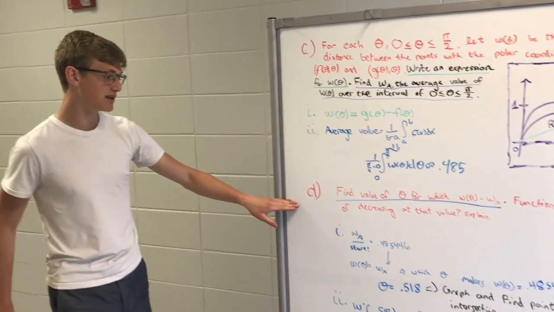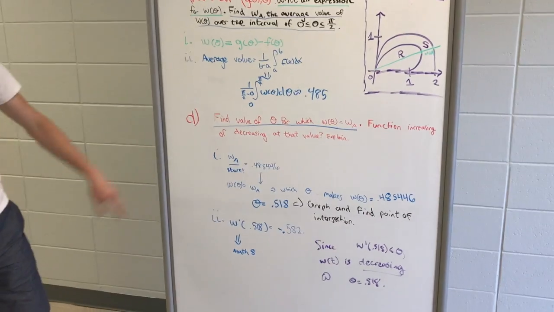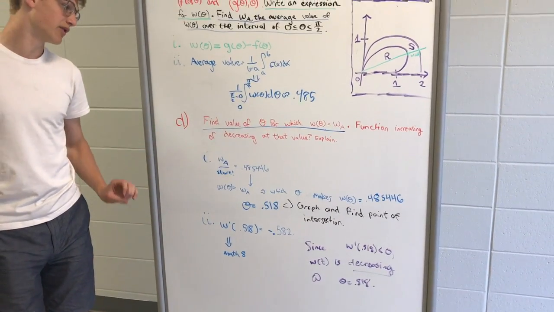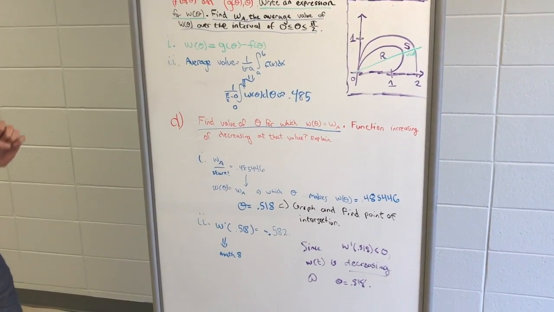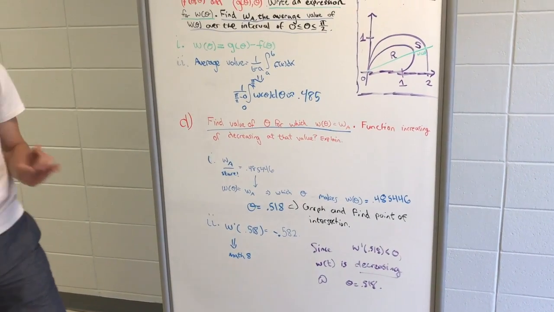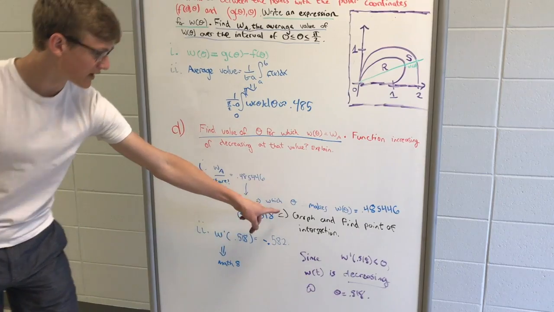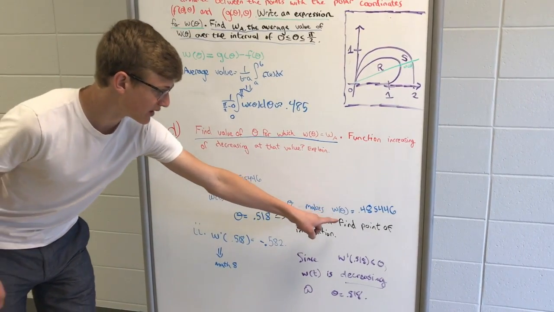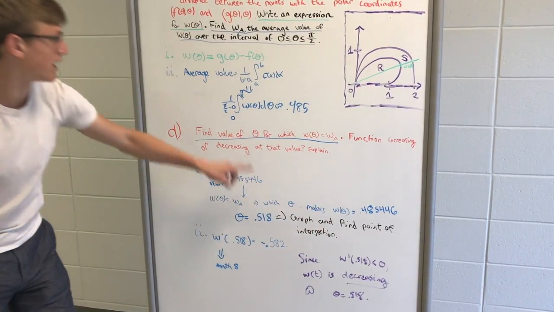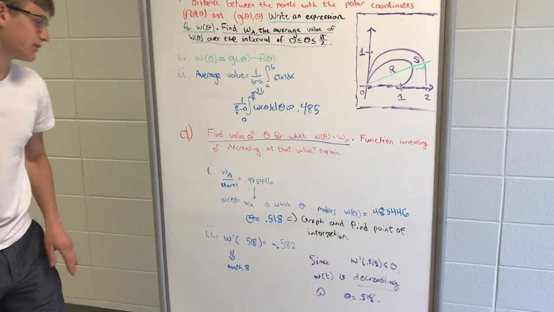Now moving on to part D, this gets a little trickier. It asks you to find the value of theta for which w of theta equals w sub A. And at first it looks pretty complicated. But if you think about it, that's just which theta makes w of theta equal to 0.485, which we found up here.